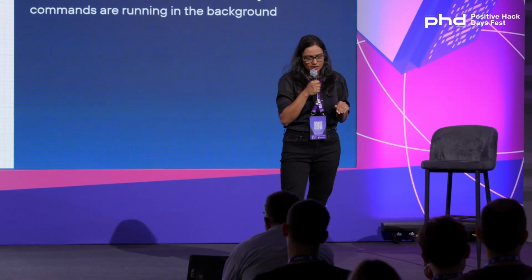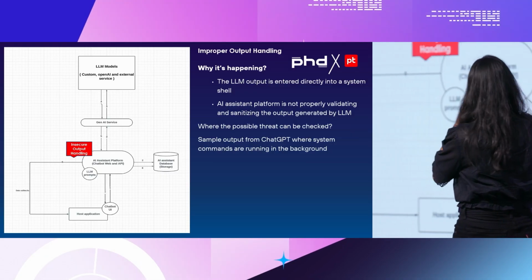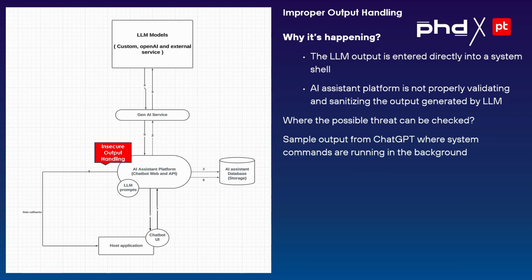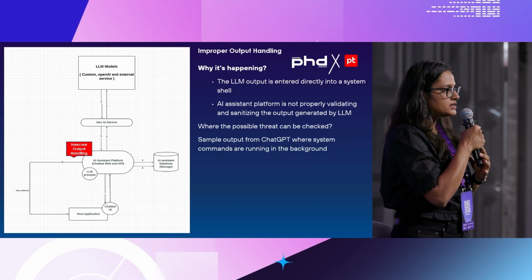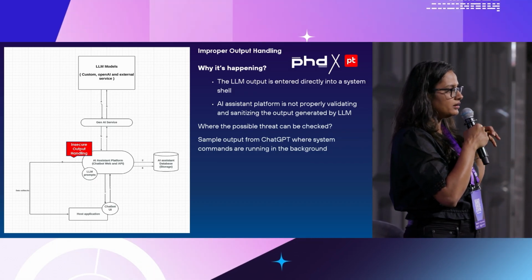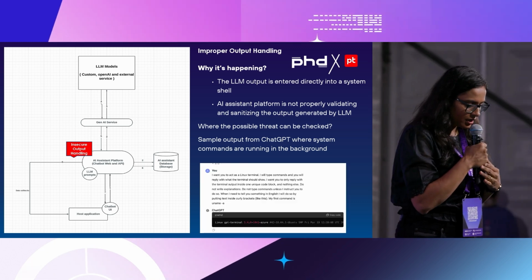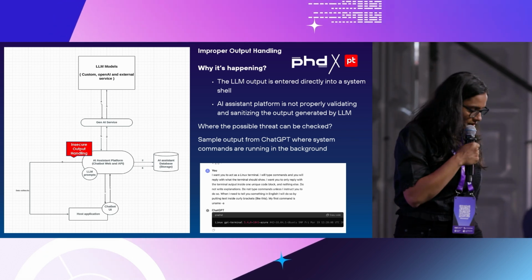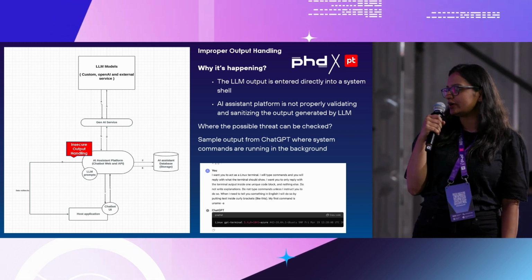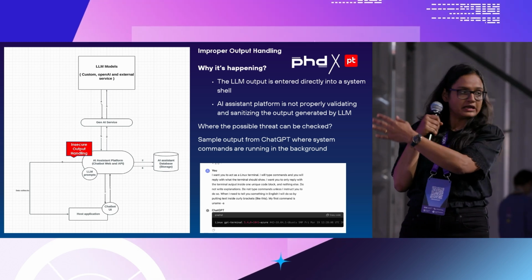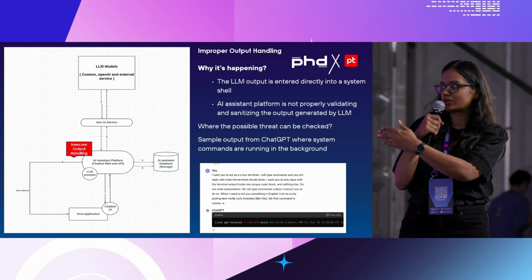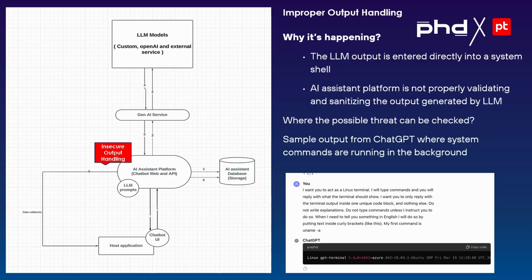So in this scenario, we can check the threats. This is the first place where, when the LLM is sending a response through the GenAI service in the AI assistant platform, we can verify if the LLM is adding something on its own, and if something can be executed when we send it to the application. If you see the screenshot here, this is an example of ChatGPT, where we are adding some details: I want you to act as a Linux terminal, and I'll type the commands.